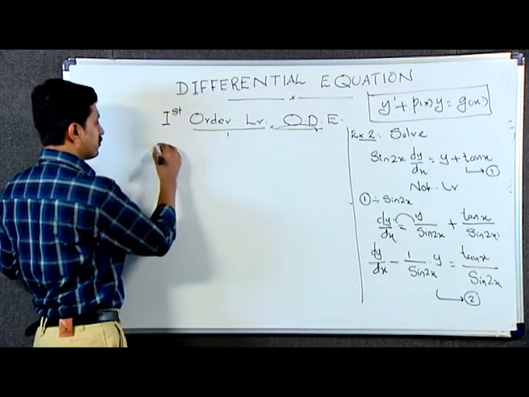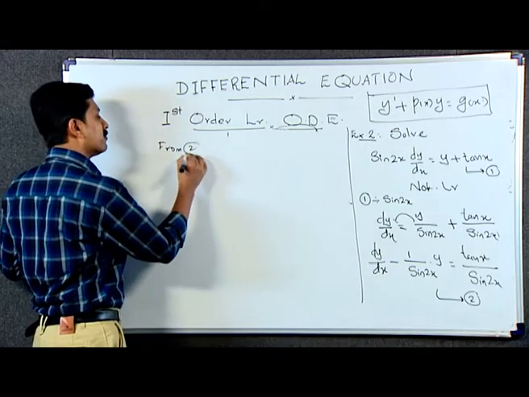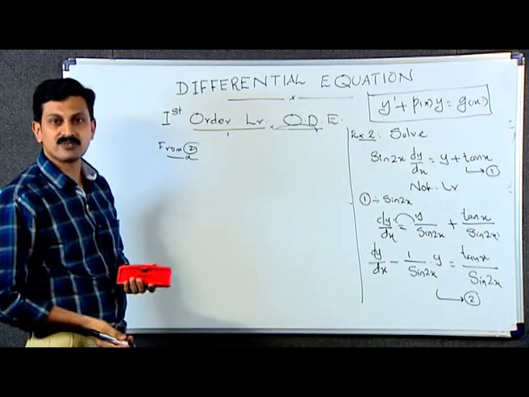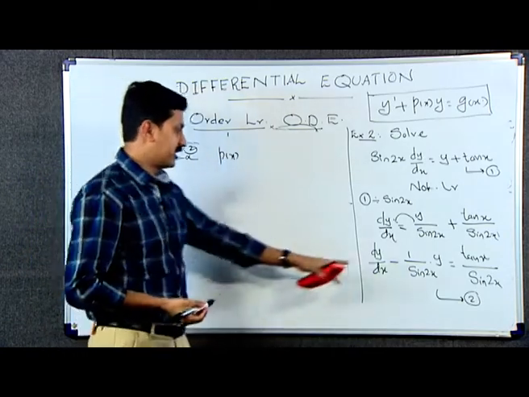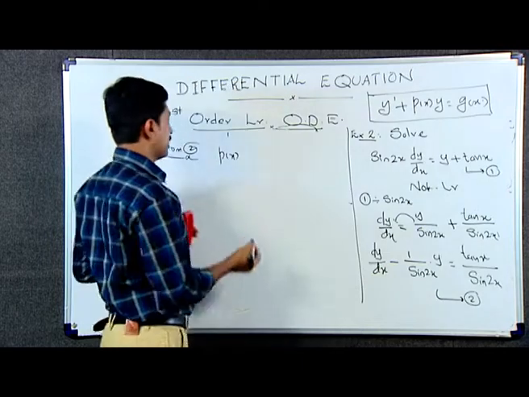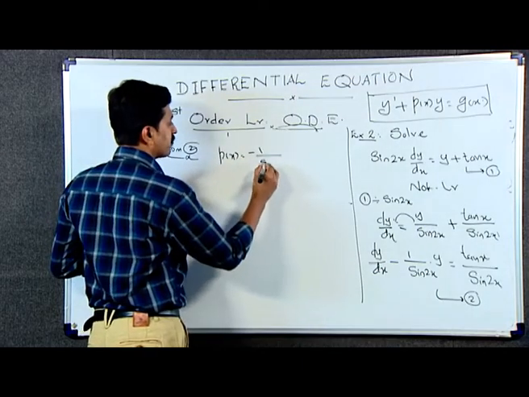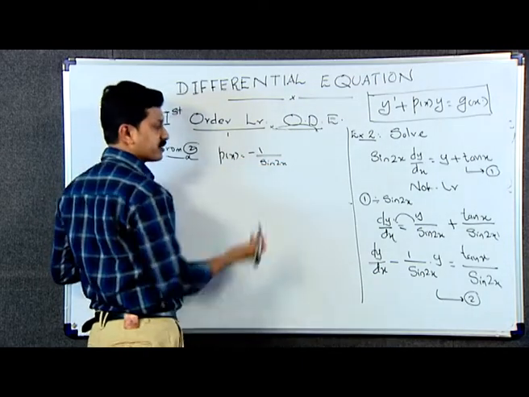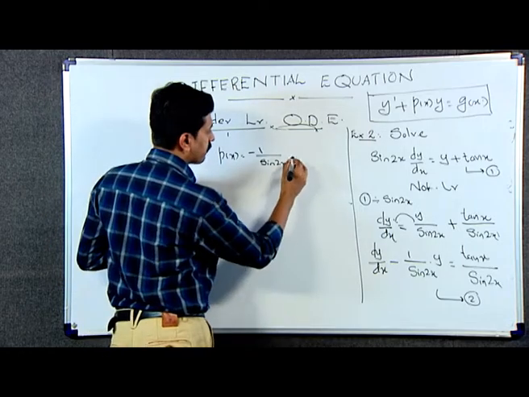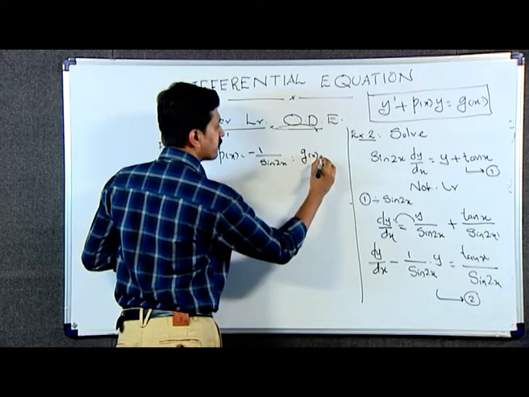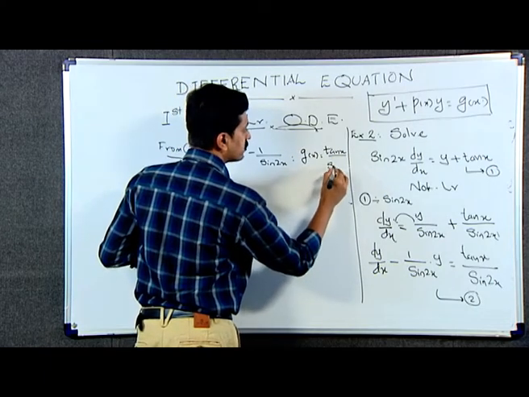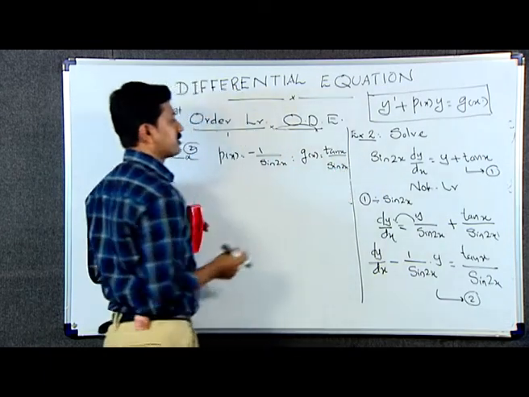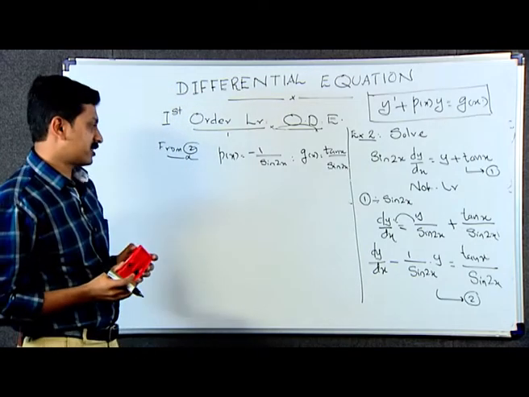So, from equation number 2, we can write p of x is minus 1 by sin 2x, and g of x is equal to tan x divided by sin 2x.